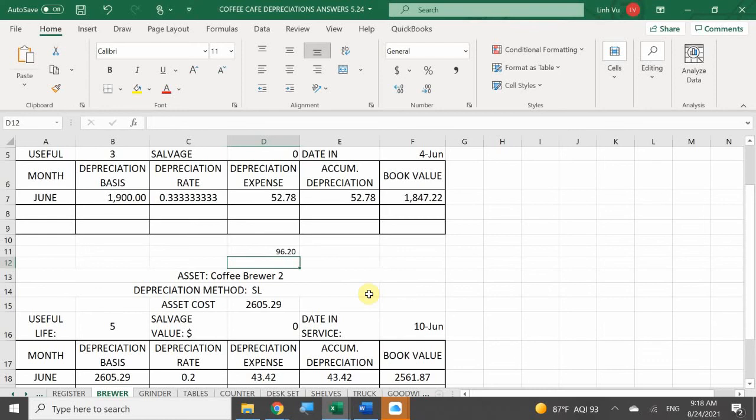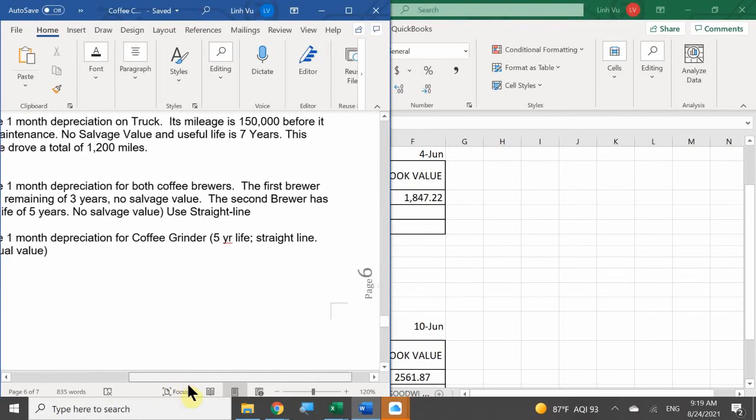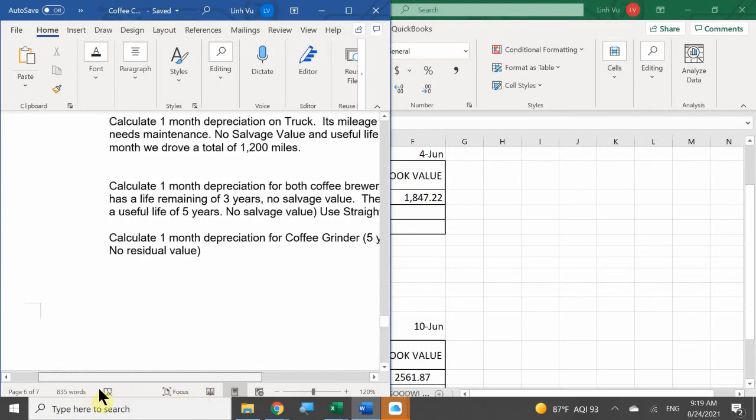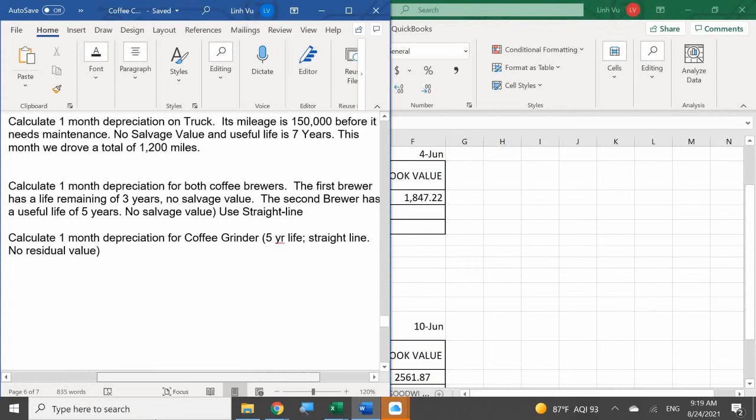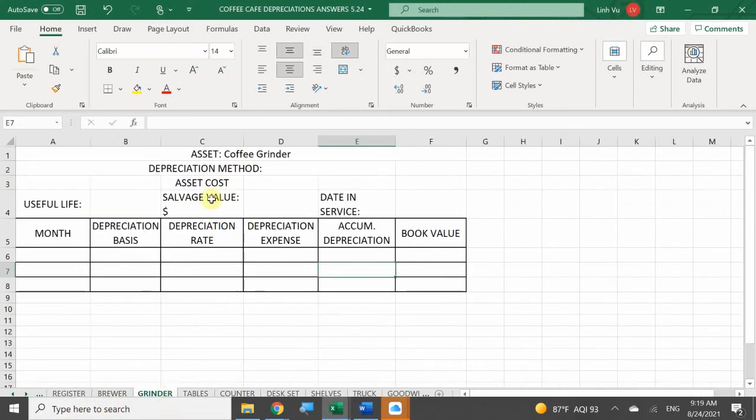Yes. Okay. So then let's go ahead and take a look at the next one. It says right here, calculate 1 month depreciation for the coffee grinder. 5 years life, straight line, and no residual value. So we're going to go to the grinder. Okay.